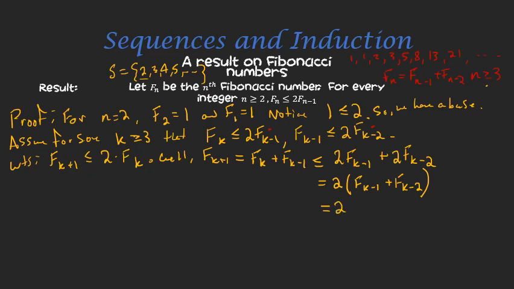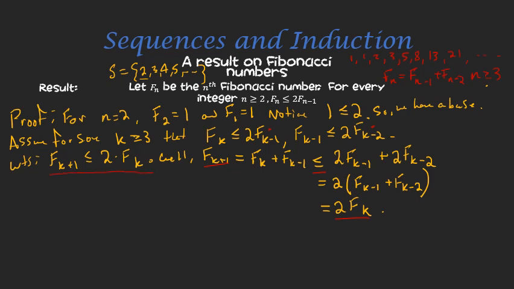So that's 2 times f_k. So what do we have now? We have f_{k+1} is less than or equal to twice f_k. And that's exactly what we wanted to show. All right, here that is stated right there, and we finally showed it.